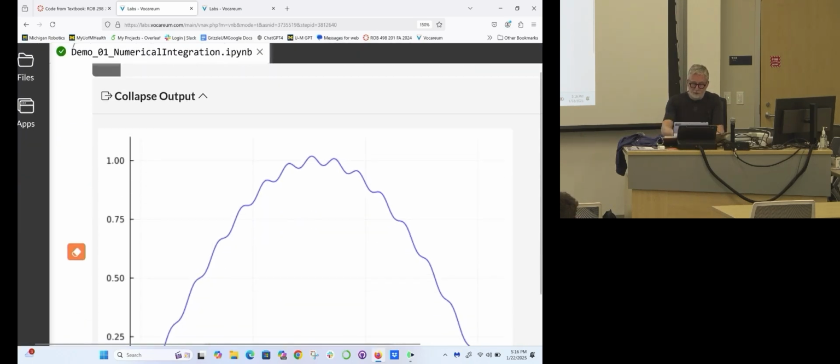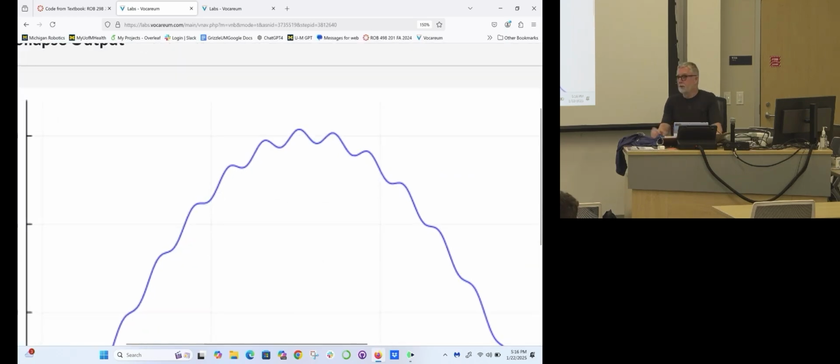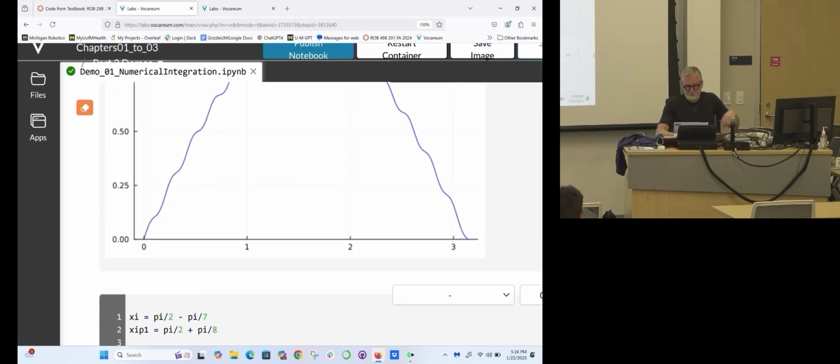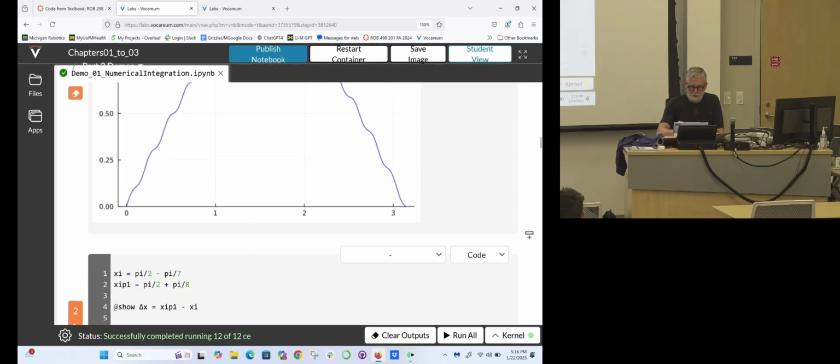Why did I do that? Because I wanted ripples, okay? So that the max and the min are not necessarily going to fall at the left endpoint and the right endpoint when we are trying to compute the lower sum and the upper sum. Okay, so that's the whole purpose there.